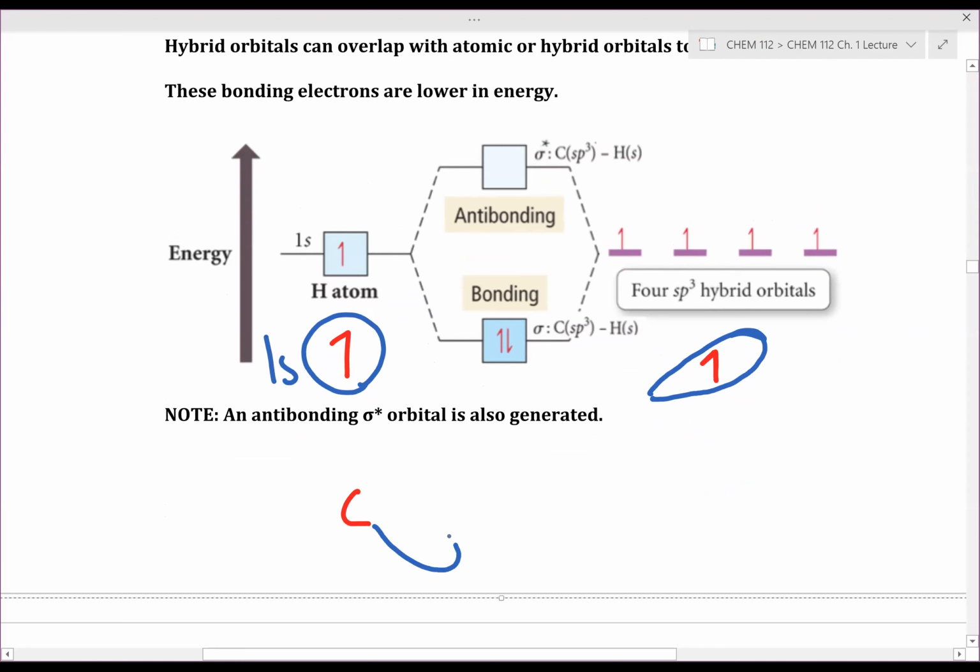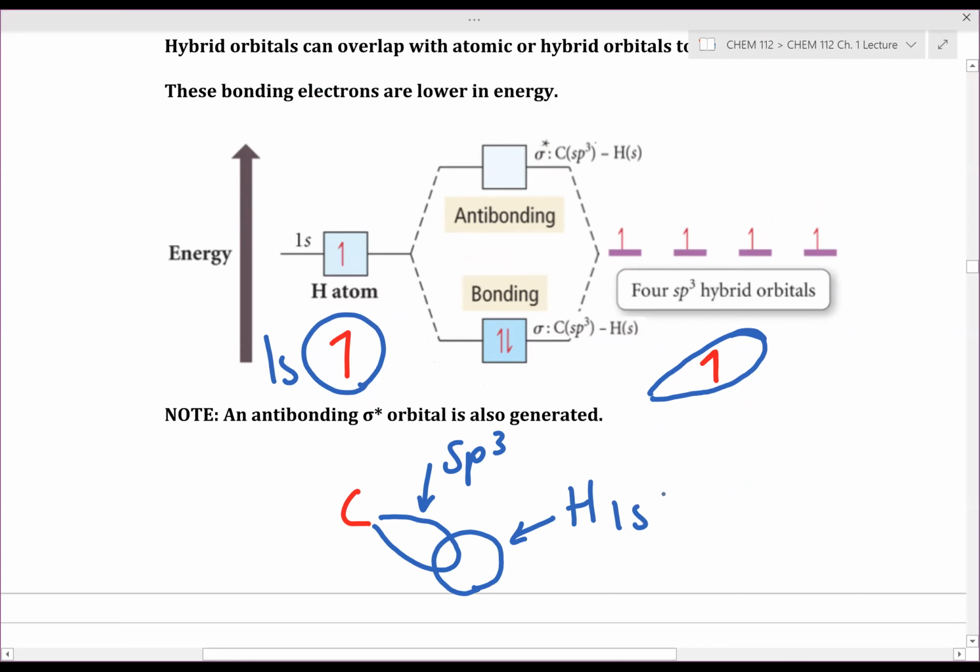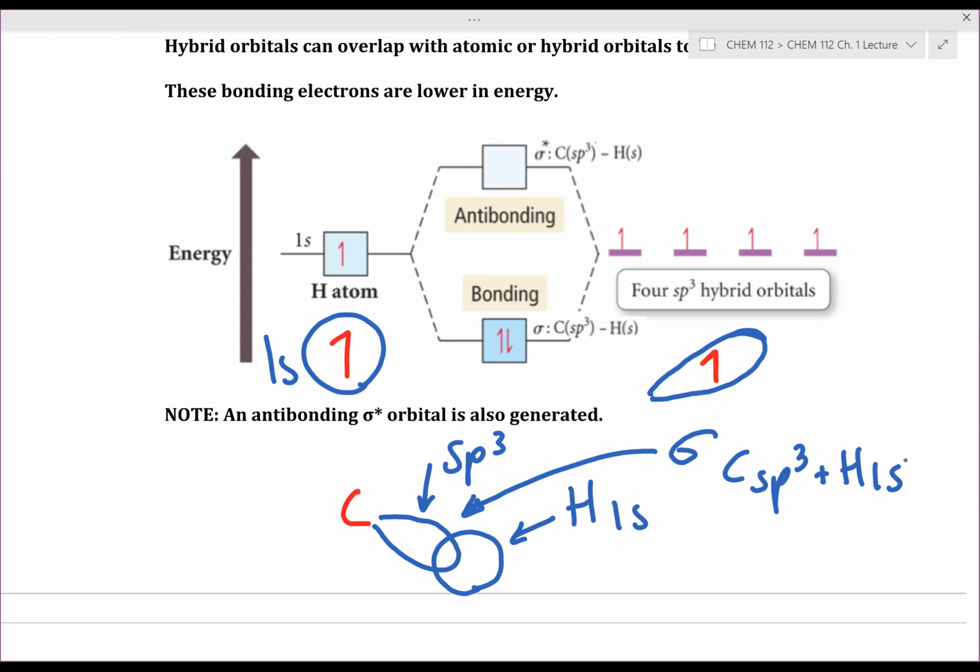This carbon atom has its sp3 orbital, and this sp3 orbital is going to overlap with the hydrogen 1s orbital. That in turn forms a sigma bonding orbital. So this interaction overall, we'd label as a sigma carbon sp3 plus hydrogen 1s. And how many electrons are in this bonding orbital? We took one electron each, so how many electrons are in this bonding orbital? 2, exactly. Exactly right.